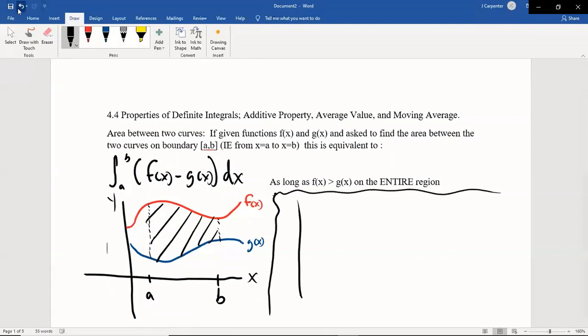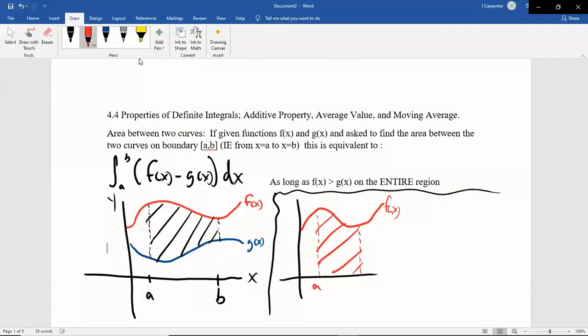So if I just do, let me try and keep these the same as best as I can. Something like this. Here's our f of x. This area right here from a to b represents the integral of f of x dx from a to b.